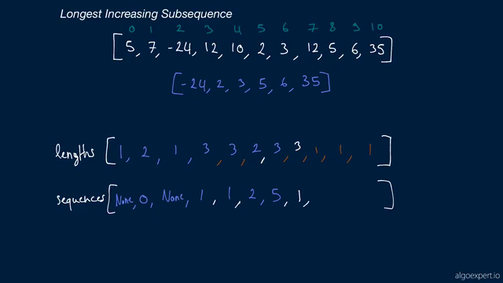Then we have negative 24 is less than 12. So negative 24, we've got 1 plus 1. That's 2. 2 is not less than 3, so we don't update anything. 12 is not strictly less than 12, so we skip the number 12. Then we get to the number 10, and at the number 10, what do we have?